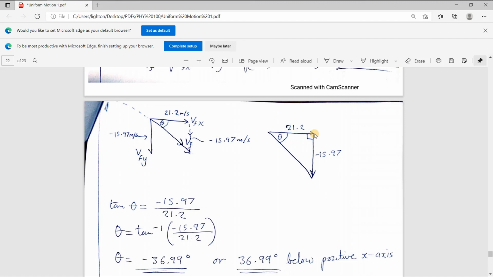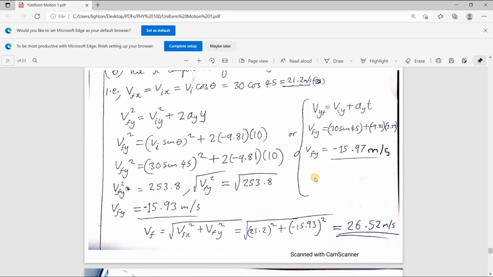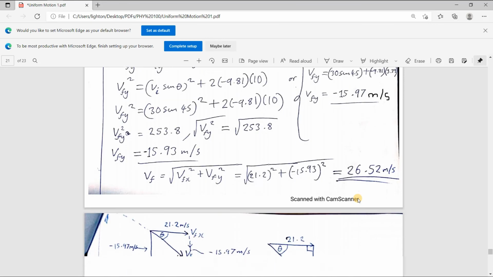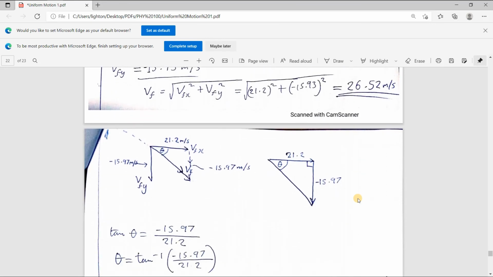Now using this and that, we can find this resultant, which is just the speed we found here. So this is the final speed at impact, 26.52, which is just this hypotenuse here.